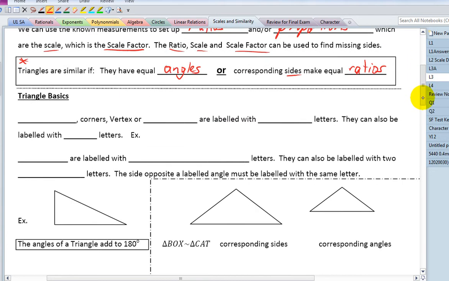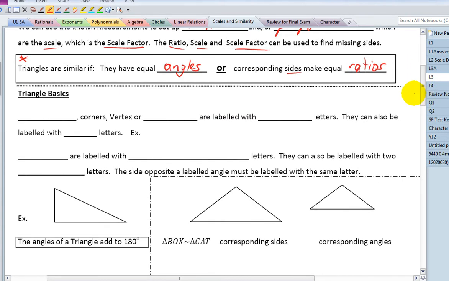Now let's talk about some basic triangle ideas. Angles, which are corners, vertex, or vertices, are labeled with capital letters, or uppercase. Okay, they must be the big letters. They can also be labeled with 3 letters.